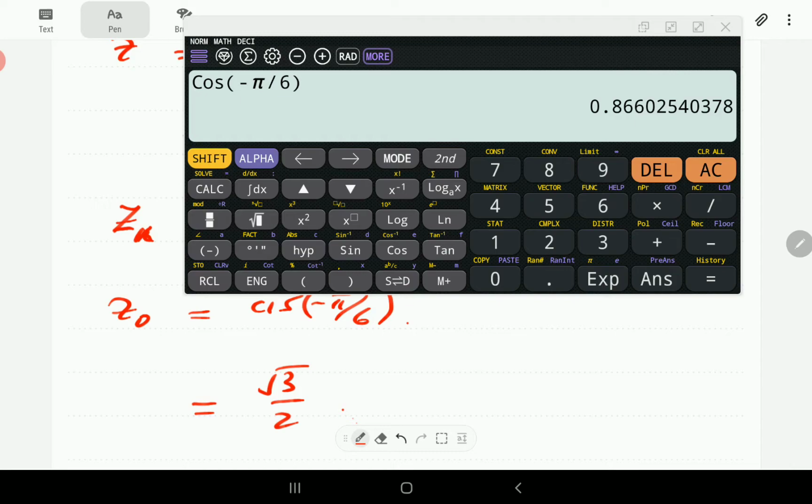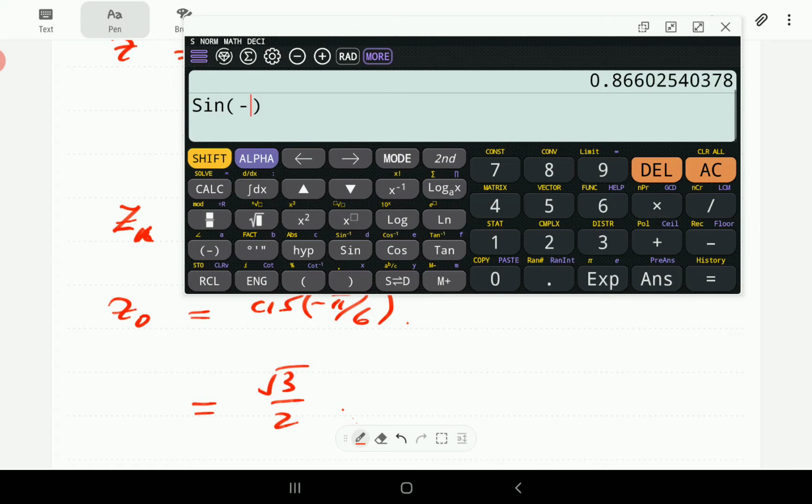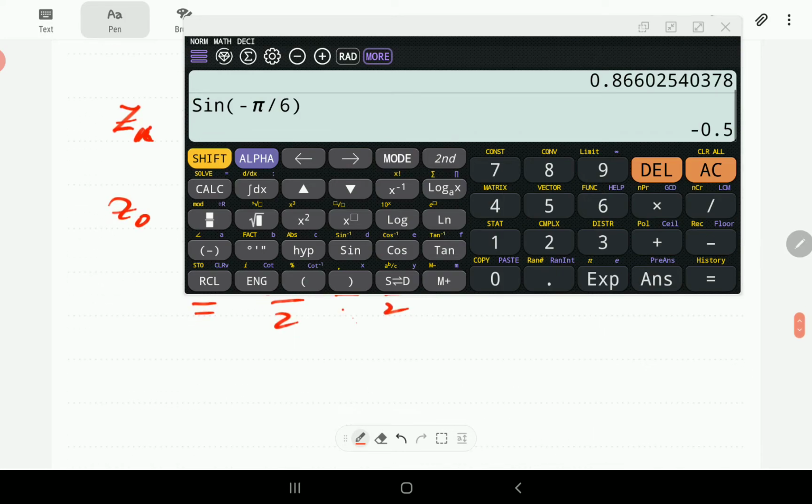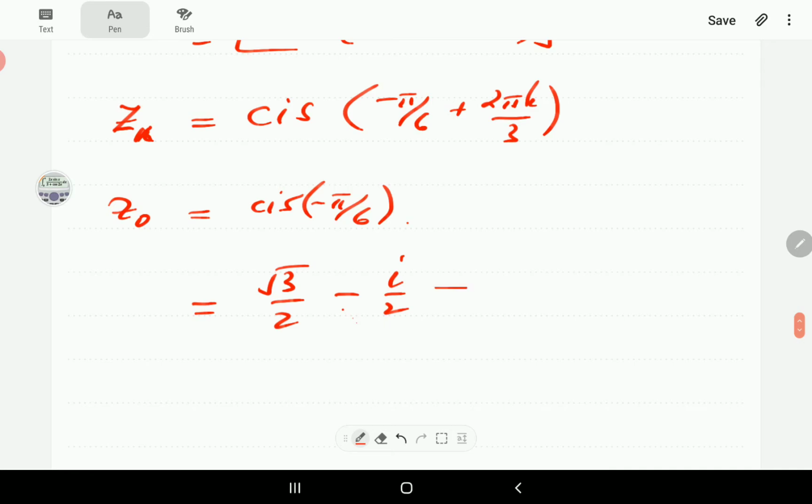Then we do the sine of negative pi/6, which is 1/2. So this root we can write as 1/2 into root 3 minus i. So that is the first root.